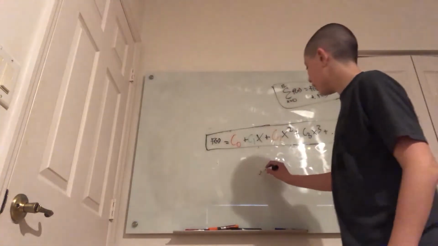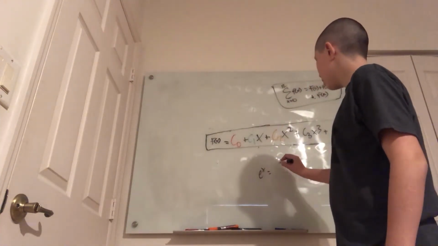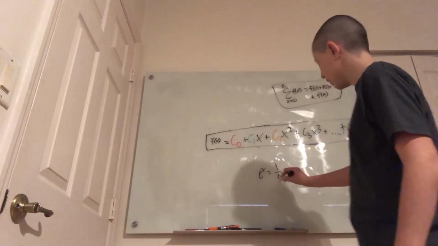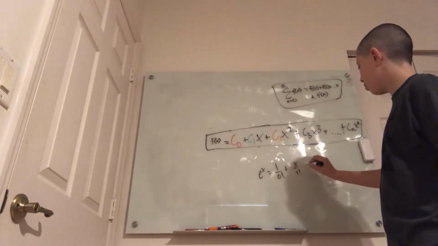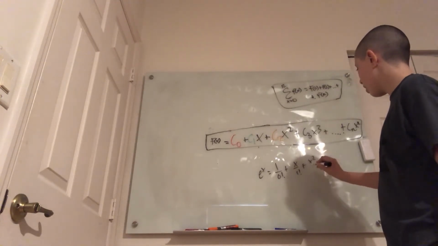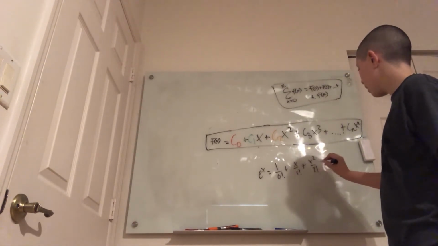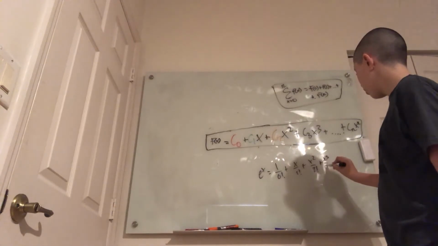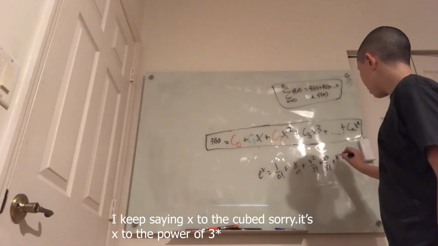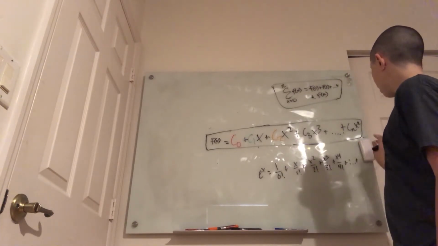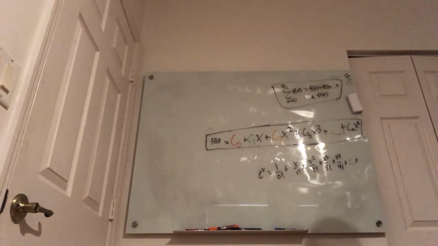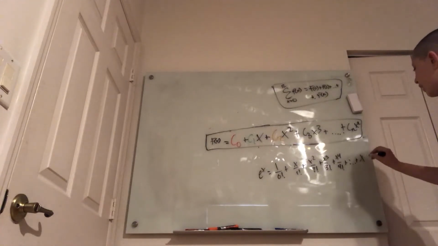This can be written as e to the x is equal to 1 over 0 factorial, since this is 1, plus x over 1 factorial plus x squared over 2 factorial plus x cubed over 3 factorial plus x to the 4th over 4 factorial, and so on, right? And that's the definition of a Taylor series.